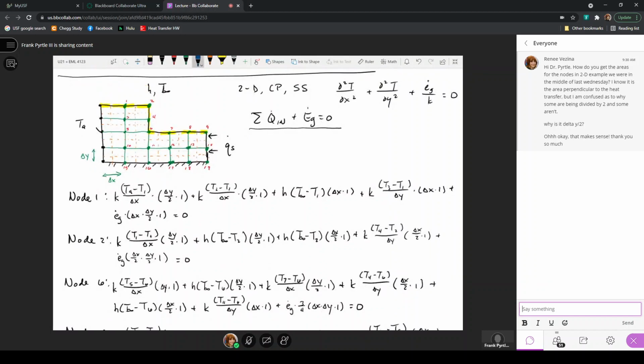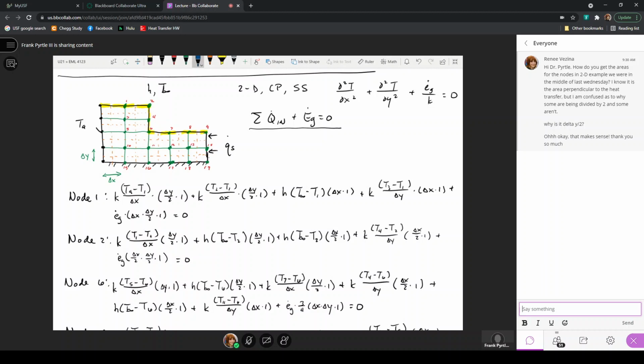Well, on this top surface, the temperature at this node and on the entire left side is all at TA. The temperature gradient at this surface in the object would be T3 minus T1 divided by the distance in between the two.